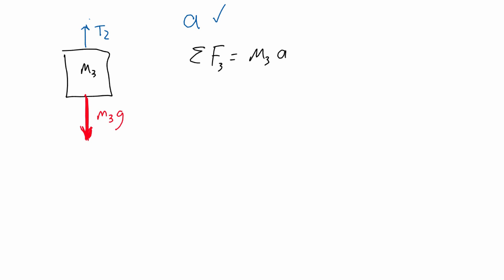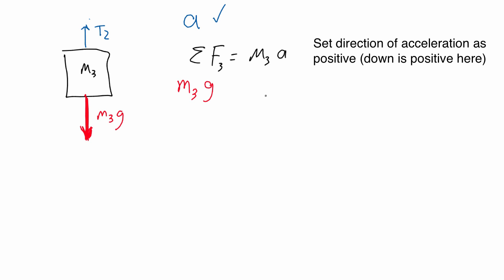And now I'm going to get more specific. So I rewrite F3. It's going to be M3G. I'm making this positive because a good idea is to always make the direction of acceleration positive unless something's slowing down. Direction of acceleration, usually the best direction to make positive. That's positive, but then I'm going to have minus T2, and that will be equal to M3A.